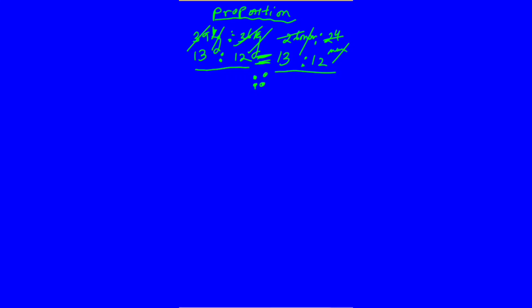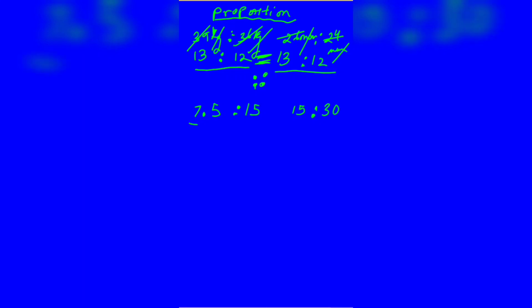Let me take one more example and see whether it also gives the same thing or not. 7.5 liters, I'm not writing the unit there, and then 15 liters. Here 15 children and 30 children.